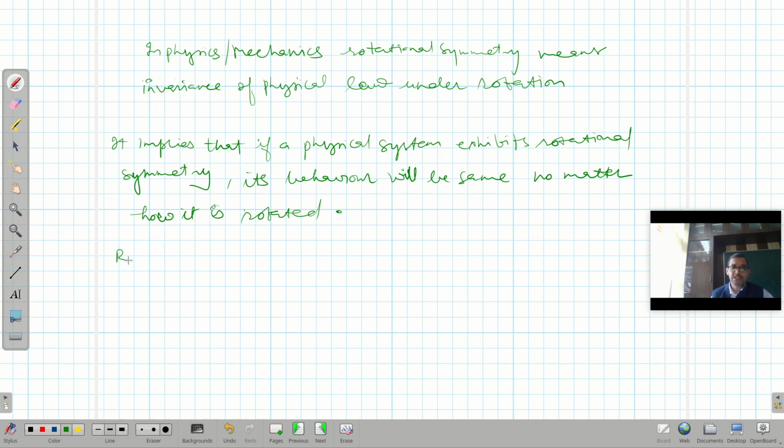Rotational symmetry leads to conservation of angular momentum.